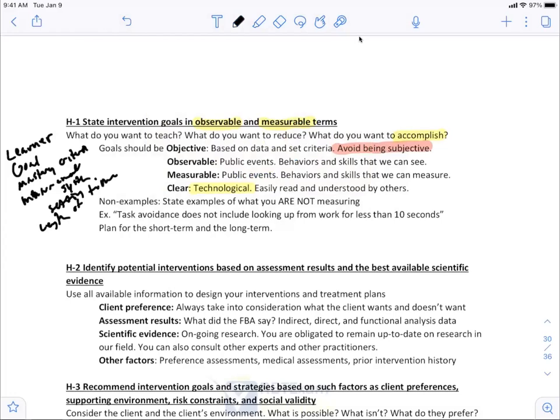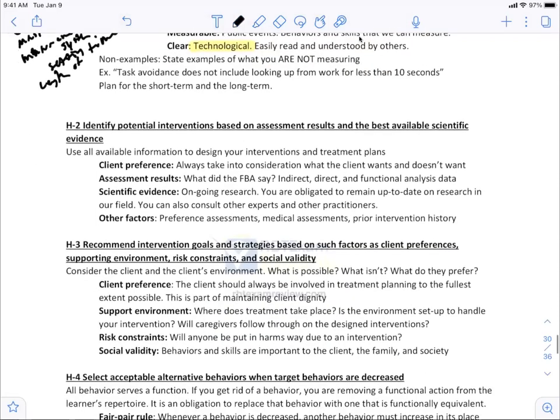We just want that goal as clear and complete as possible. Objective, clear, complete, observable, measurable. You do all those things, you'll write some great goals. H2, identify potential interventions based on assessment results and the best available scientific evidence. Very important.